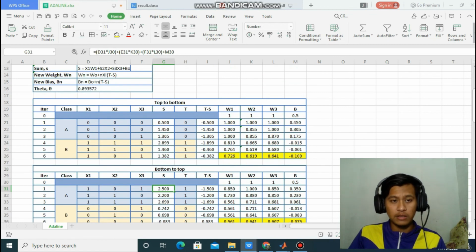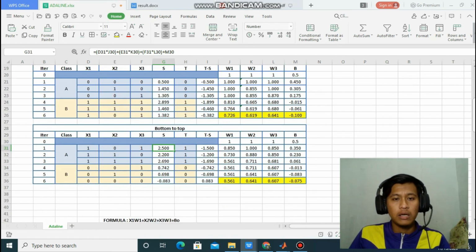The formula is also the same for the sum: x1 w1 plus x2 w2 plus x3 w3 plus bias, the same as the other line. Theta minus sum is also the same.